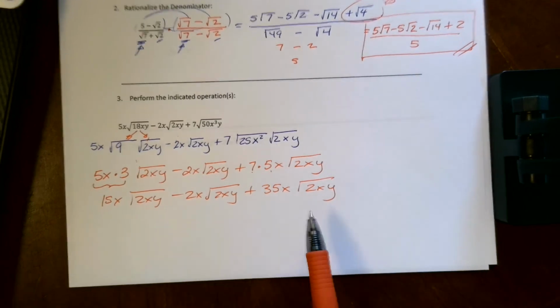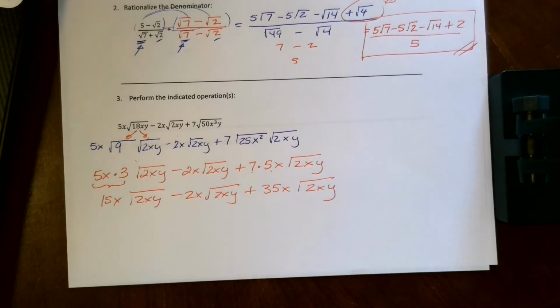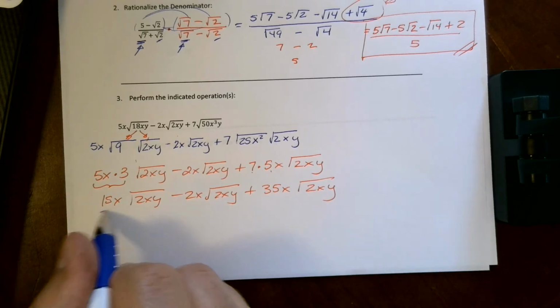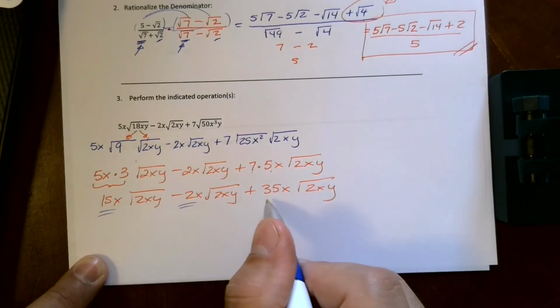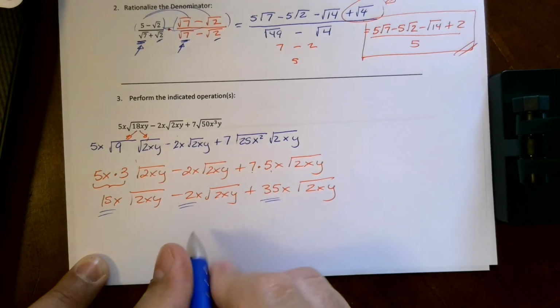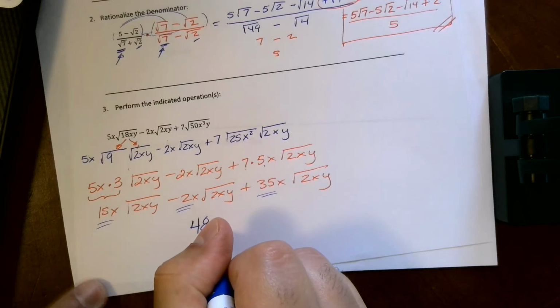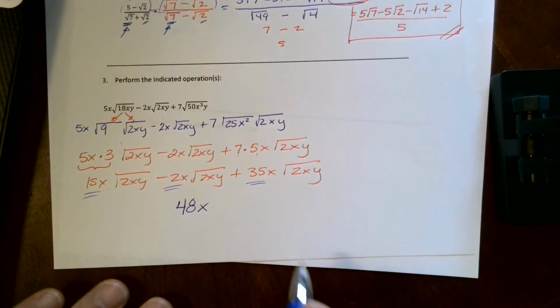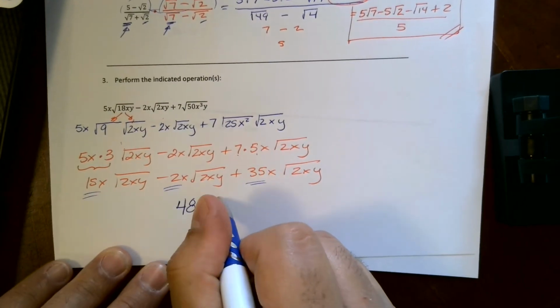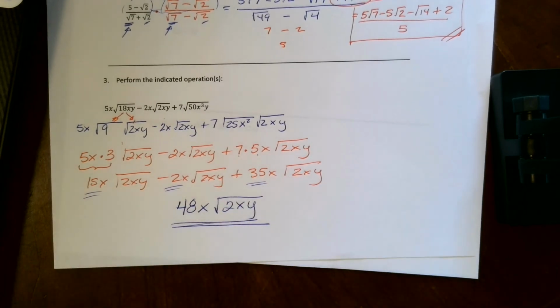And now I look at this problem, and they're all like radicals, so I can add them together. 15x minus 2x plus 35x. Looks like I'm going to get 48x rad 2xy. My final answer.